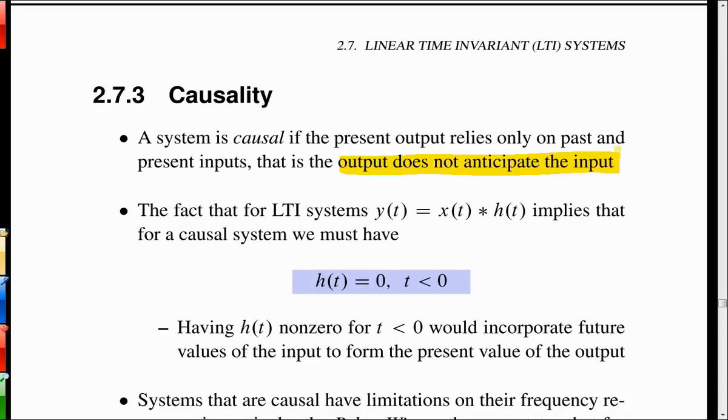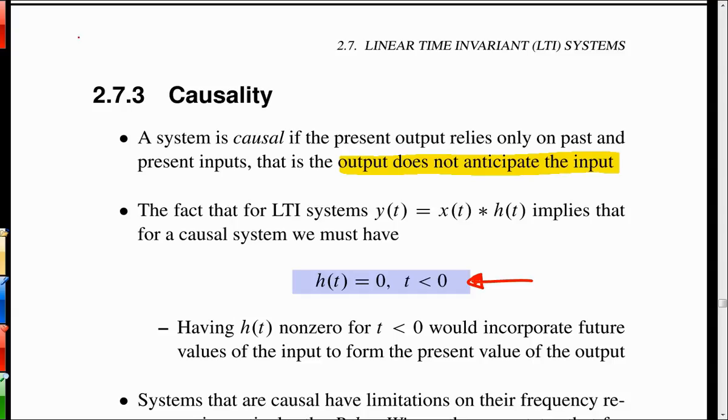So for the linear time invariant system, that is reflected through the impulse response by this property right here, that the impulse response can't turn on until t is greater than or equal to 0. It has to be 0 for t less than 0. Otherwise, you're anticipating the arrival of the input.